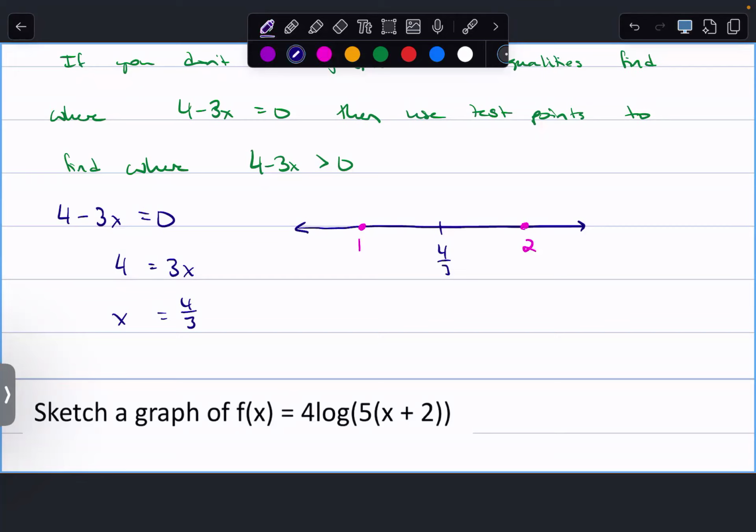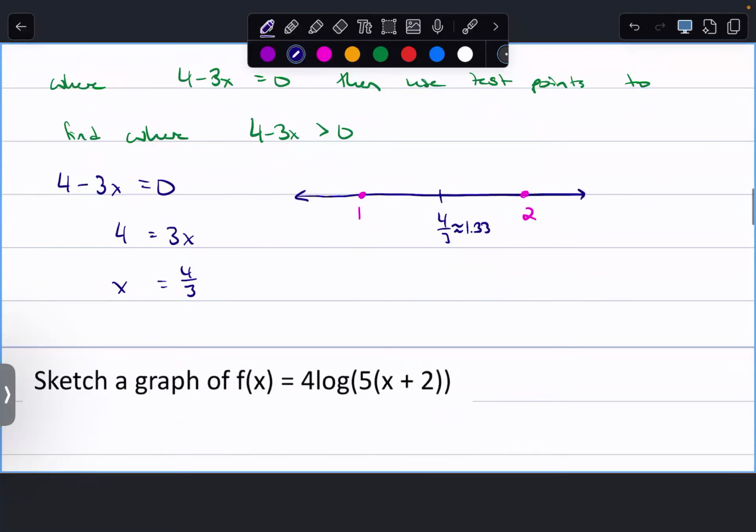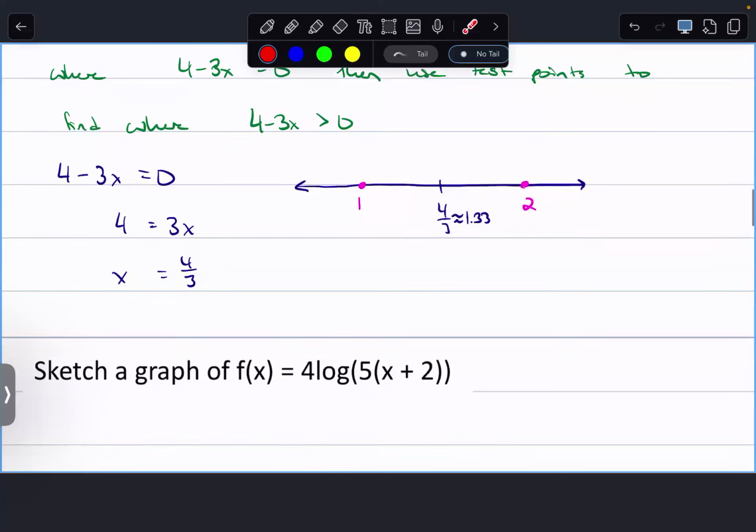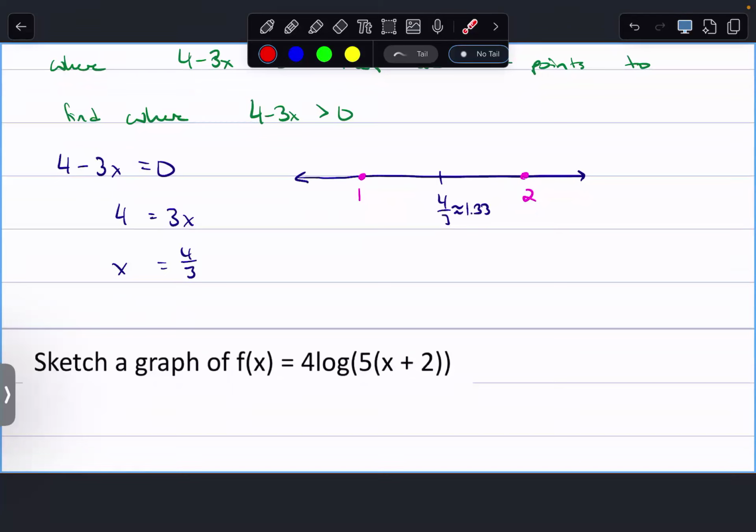I need to pick a point on either side. I know I'm restricted because, nope, forget I said anything. It'll always work.